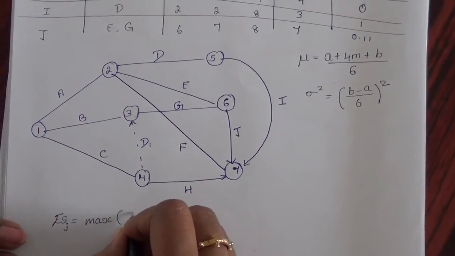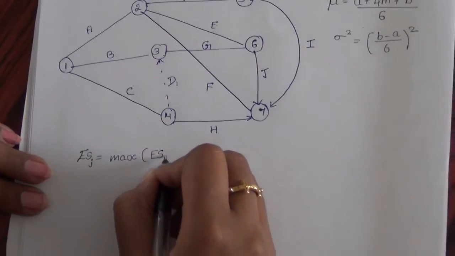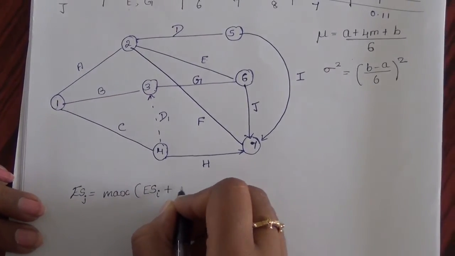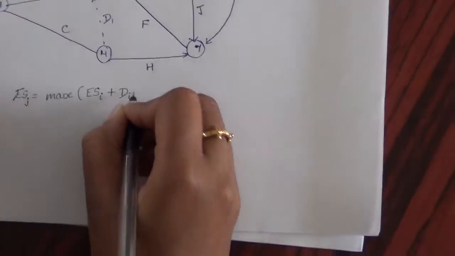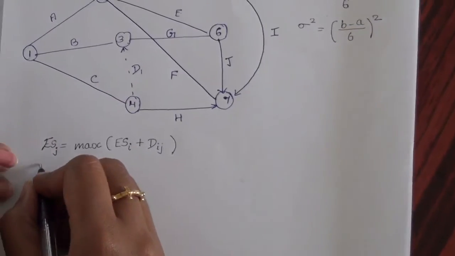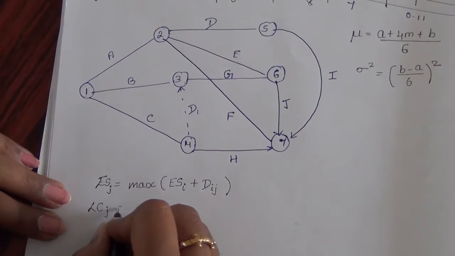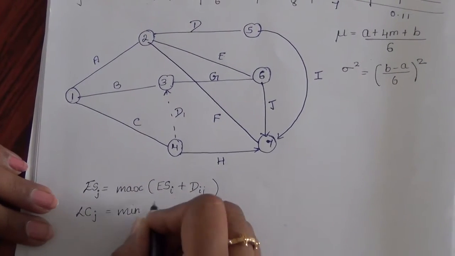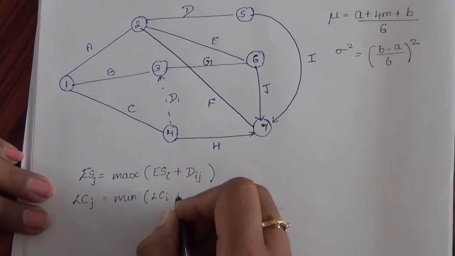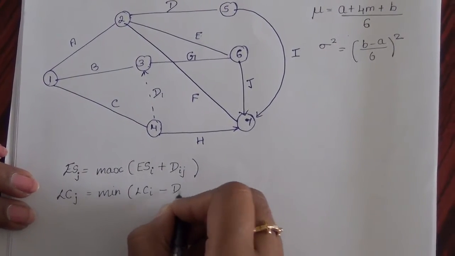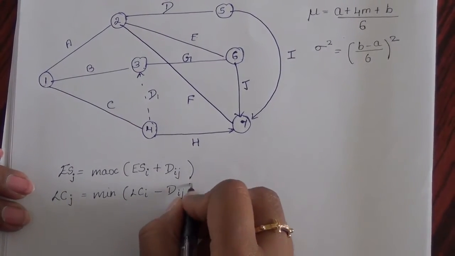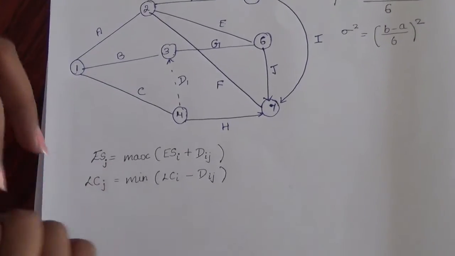So it will be the maximum of the earliest start time of the previous activity i plus the distance between these two activities, i and j. Similarly, the latest completion time of activity i will be the minimum of the latest completion time of the next activity j minus the distance between the two activities, dij.